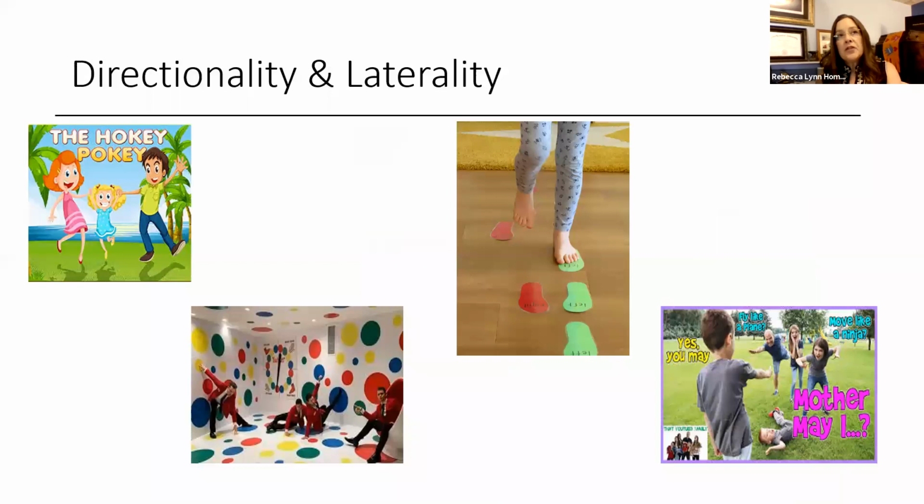We're going to think about directionality and laterality. I've always kind of used these terms interchangeably, but they're actually two different skills. Laterality is the internal awareness of space located to the right and left of midline of our own body. So for laterality, it is left and right in relation to ourselves.